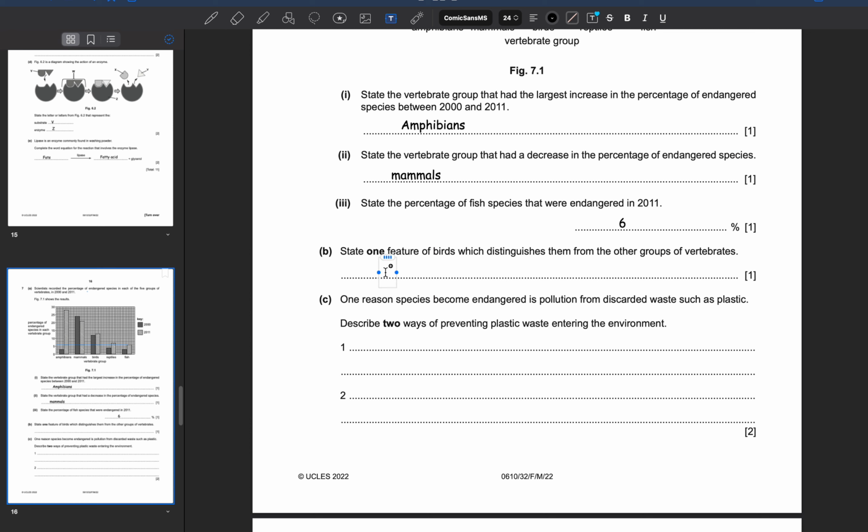I can say body covered with feathers, or the other one is they have beaks instead of teeth. These are the two key features that the birds have, and it differs from the other groups.